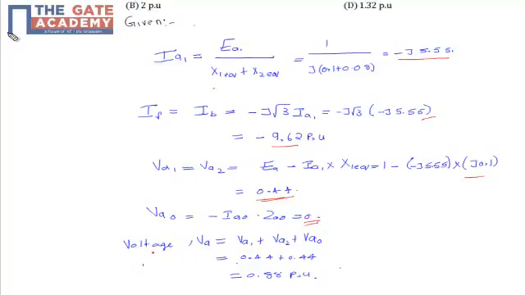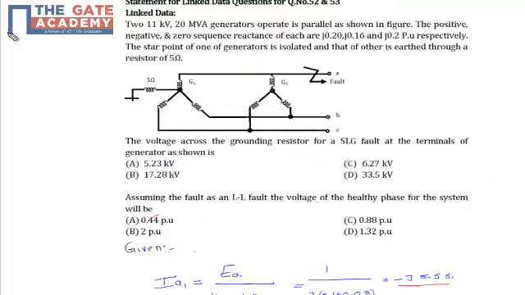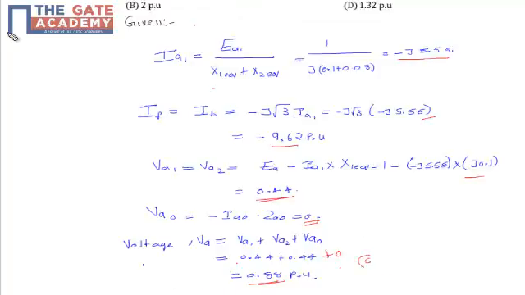Then we have to find the voltage at the healthy phase, that is VA equal to VA1 plus VA2 plus VA0, that is 0.44 per unit plus 0.44 per unit plus 0. After solving, we get the value of VA at the healthy phase as 0.88 per unit, which is option C.